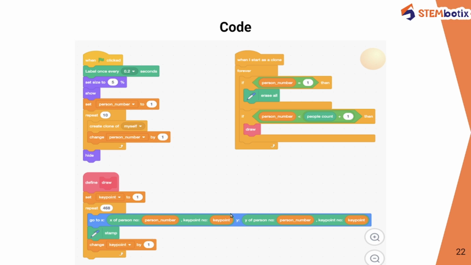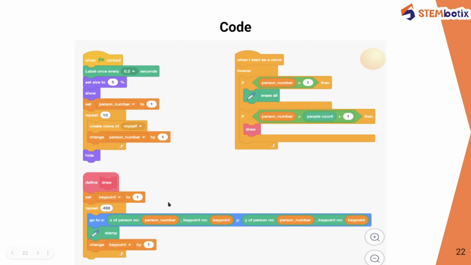Whereas the y position of that sprite is y of person number, which is over here our person number again, and key point number is key point. And then we need to stamp. The stamp here is to make that visible on the screen.